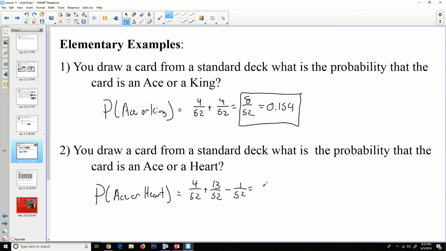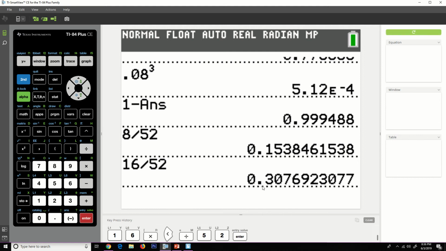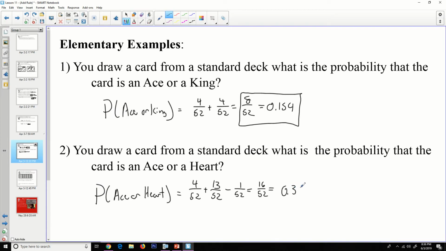And so we would get 16 out of 52, and 16 divided by 52 is 0.308.